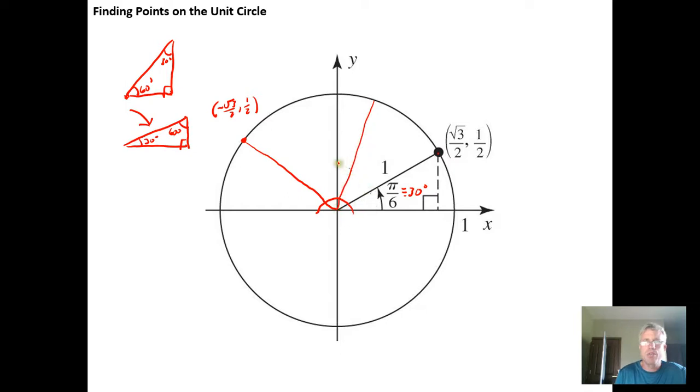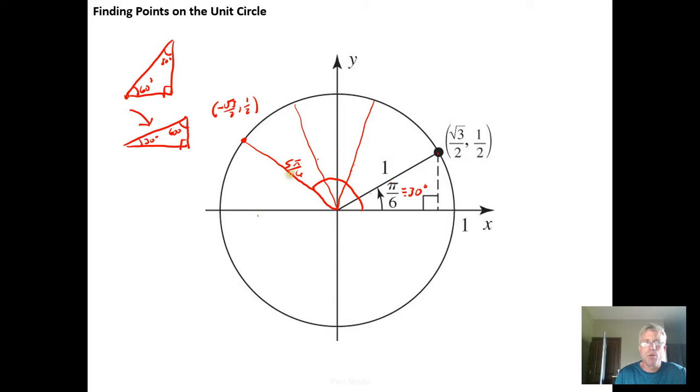So it's going to be 1, 2, 3, 4, 5, 6 equally sized chunks. So the angle is going to be 1 pi over 6, 2 pi, 3 pi, 4 pi, 5 pi over 6 would be the angle that we rotate through to get to here.